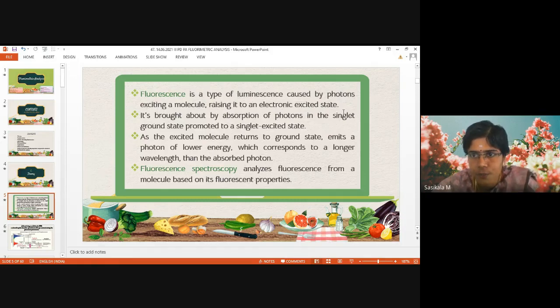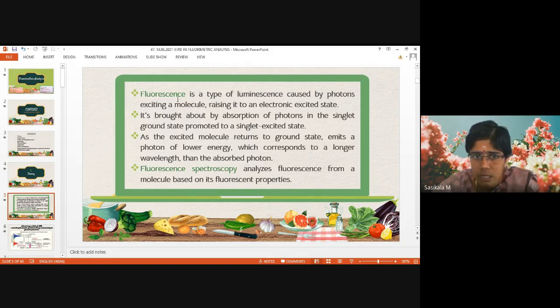So whichever photons are applicable to excite a molecule, what is exciting? The term represents converting a molecule from ground state to excited state. That's what you have seen under absorption spectroscopic technique. The molecule has been moved from ground state to excited state, and for that purpose photons have been absorbed. The same photons are used to excite a molecule.